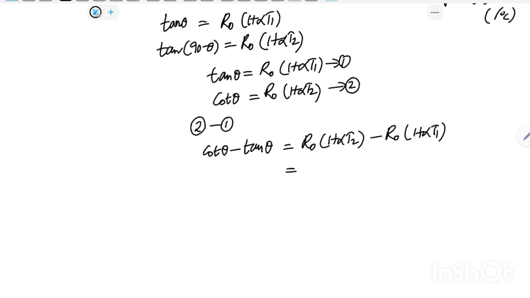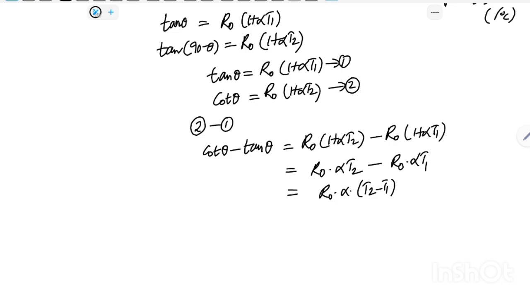Finally, if you see R naught into 1, R naught into 1, you'll get the same terms which will be cancelled out, and therefore what you will get is R naught into alpha into T2 in the first term, and in the second term R naught into alpha into T1. Okay, now it is equal to R naught into alpha into T2 minus T1.